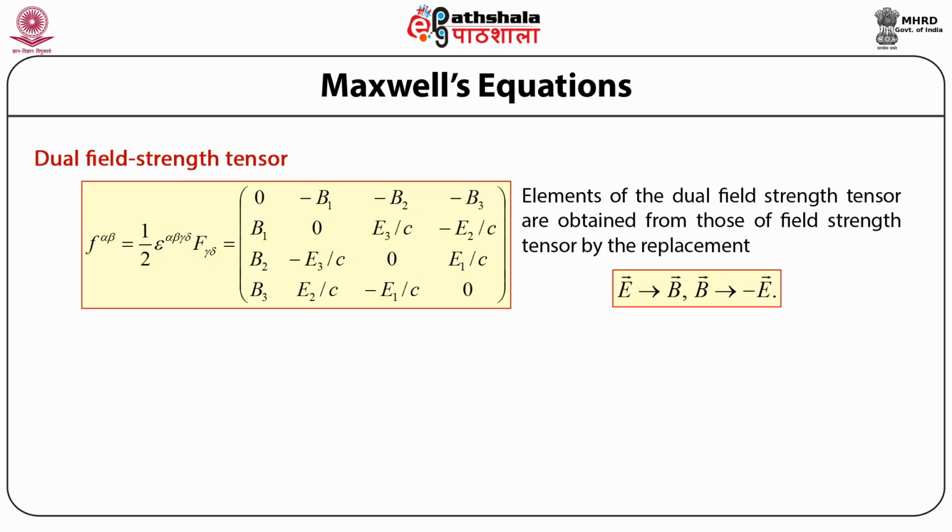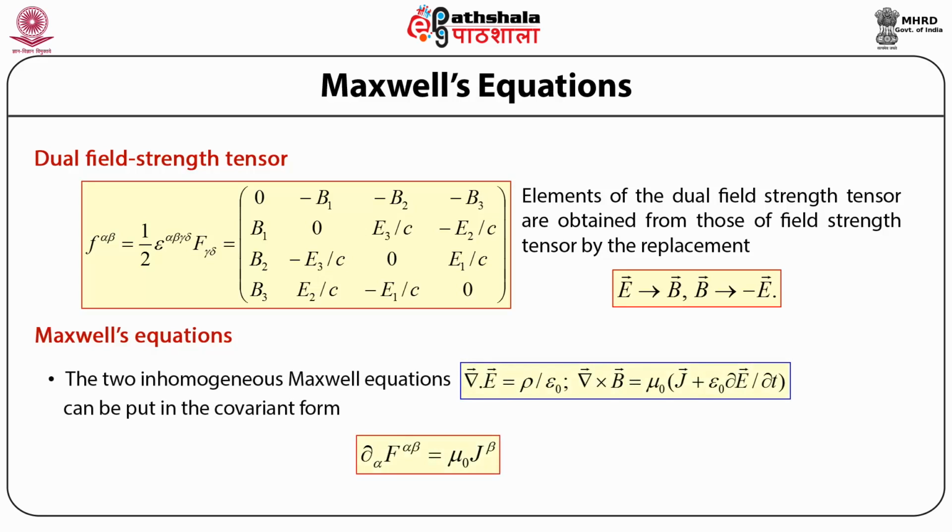Now let us come to Maxwell's equations. After having defined the field strength tensor and the dual field strength tensor, which completely take into account the electric field and the magnetic field, we are now in a position to write down our Maxwell's equations in terms of either the field strength tensor or the dual field strength tensor.